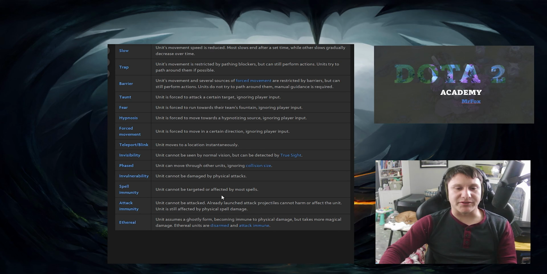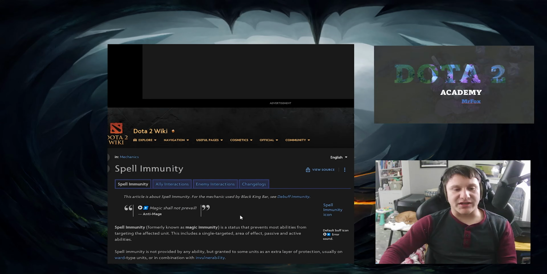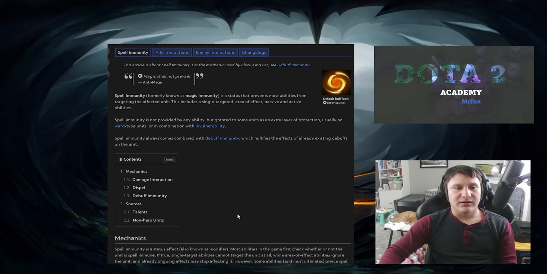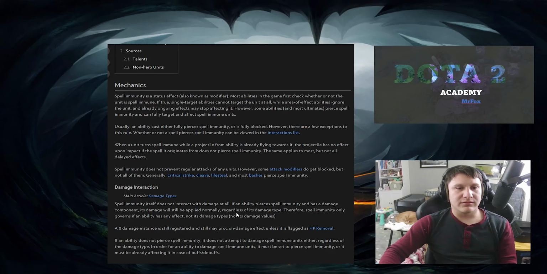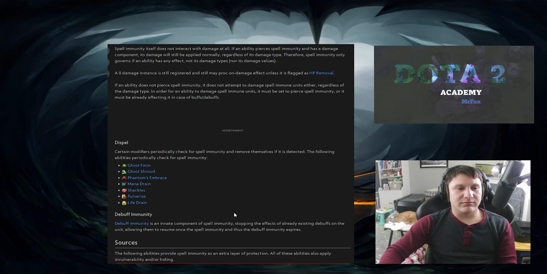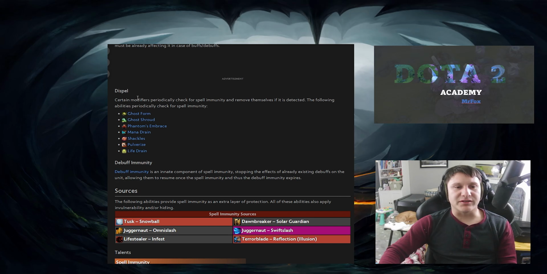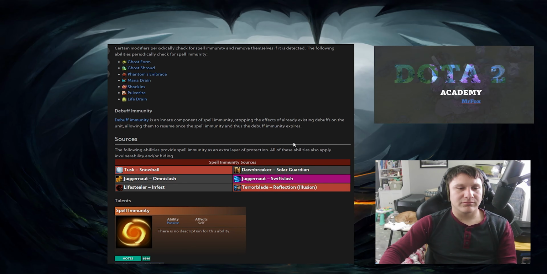Spell immunity. Unit cannot be targeted or affected by most spells. What examples do you have for us here? Oh, interesting. Snowball, Juggernaut, Lifestealer Infest, Dawnbreaker Solar Guardian, Juggernaut, and Terrorblade Reflection.